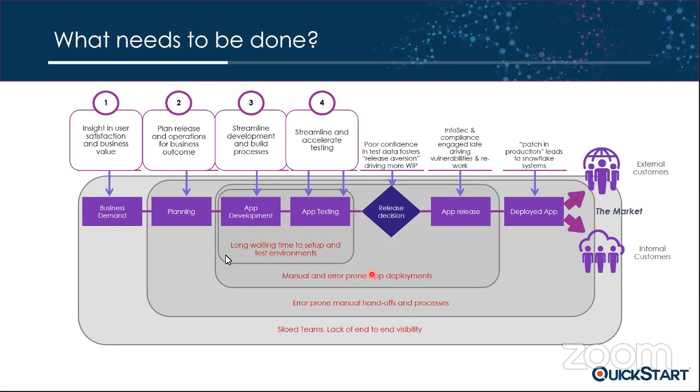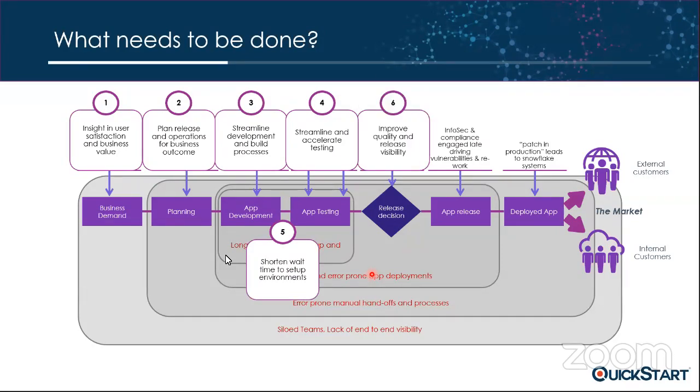For poor confidence in test data, sorry about that, it is improving quality and release visibility, sharing the information, improving the quality assurance rules for quality automation, and providing visibility for all the releases, right? To have more people involved and to accelerate the user acceptance testing after the unit test, okay?